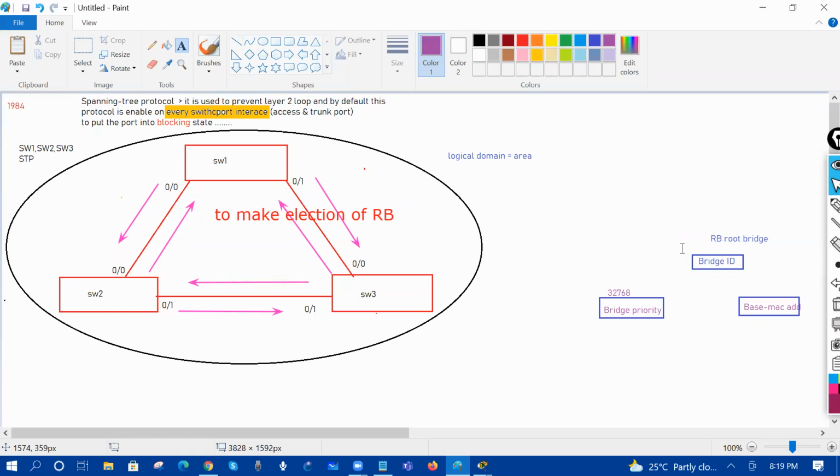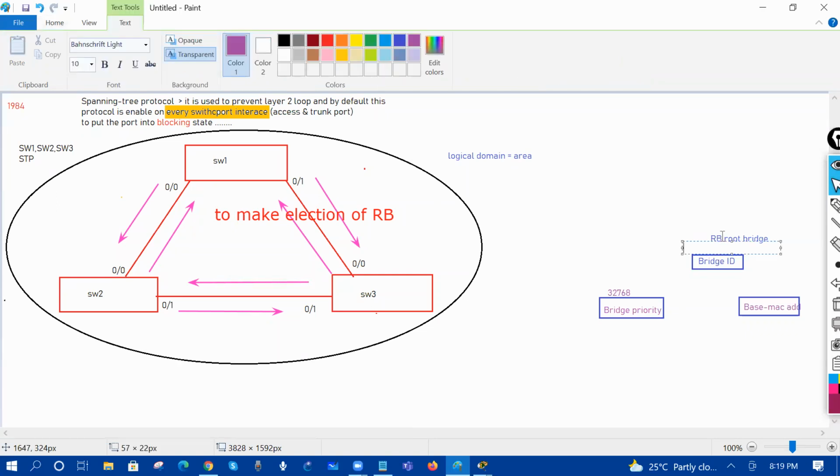The size of bridge ID will be 8 bytes. 2 bytes represent the priority, from 1 to 65535, and the 6 bytes represent the base MAC address.